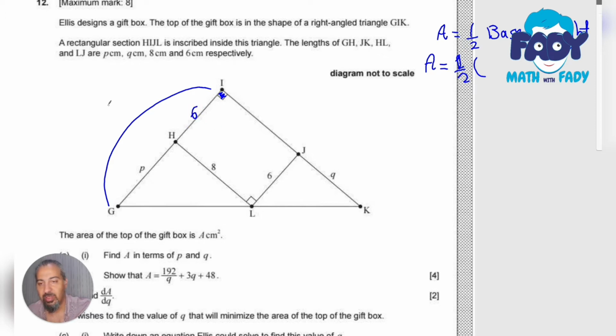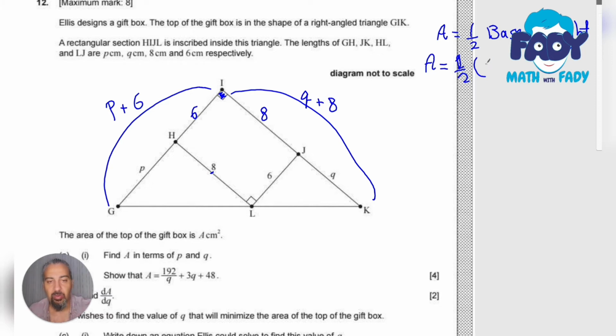So this whole side is P plus 6. And because of this 8, this will be 8. We know it's a rectangle, so all this side will be Q plus 8. So area equals half P plus 6 times Q plus 8. That's it? Yes. So this is our part I.